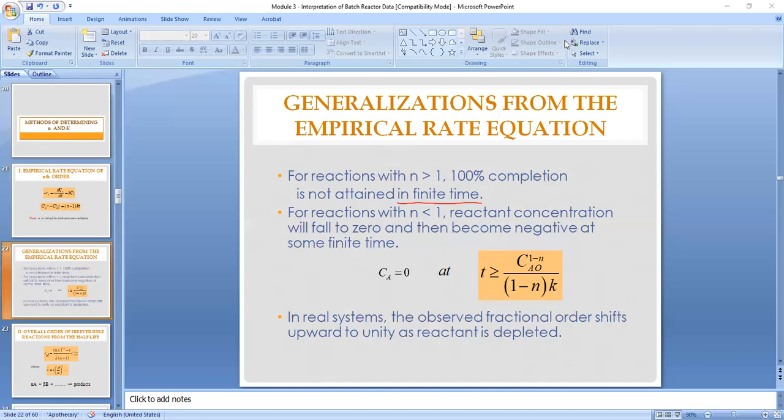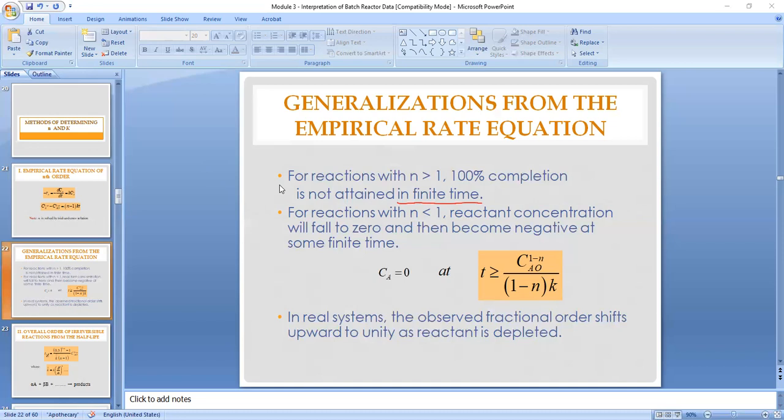So if you rephrase this concept using the empirical rate equation in the determination of n and k, for a computed n value of greater than 1, it is impossible for you to solve or determine that specific time when XA is equal to 1. This is what it meant.